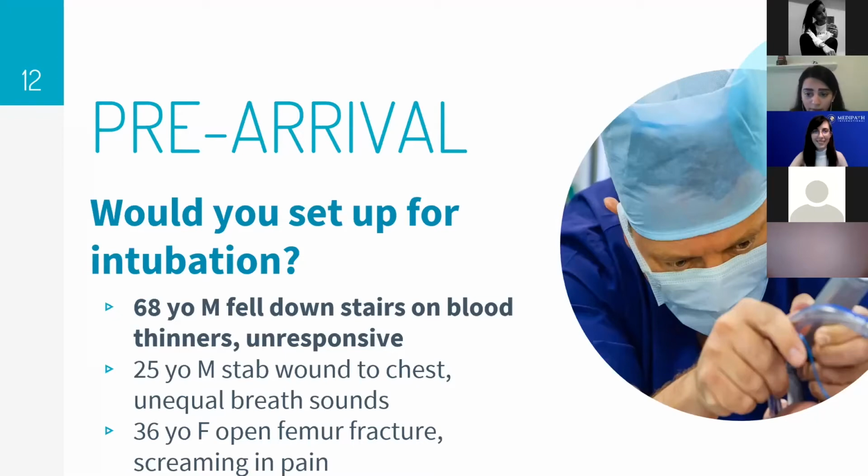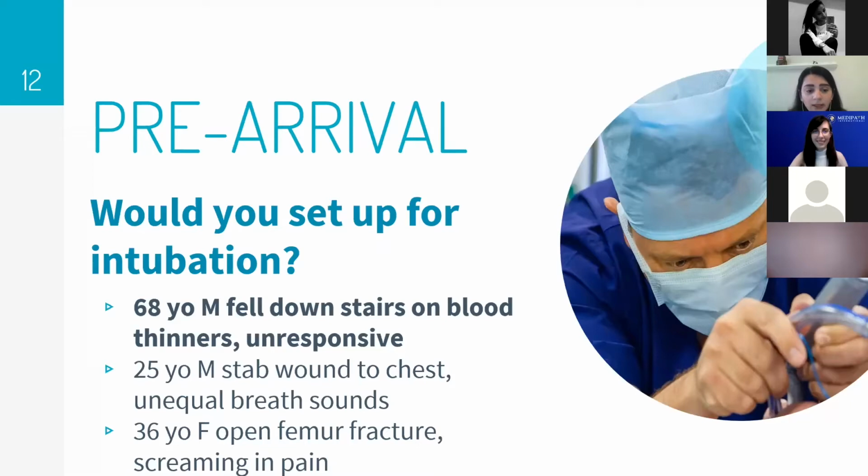However, oftentimes in patients with unequal breath sounds and likely pneumothorax, intubating or providing positive pressure can make a pneumothorax worse. So although they might ultimately need to be intubated, likely first they would need a chest tube, and you'd set that up and then assess what their need for a supplemental airway is.